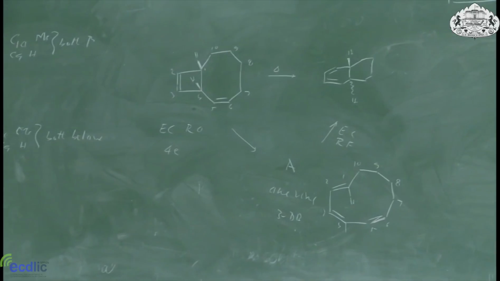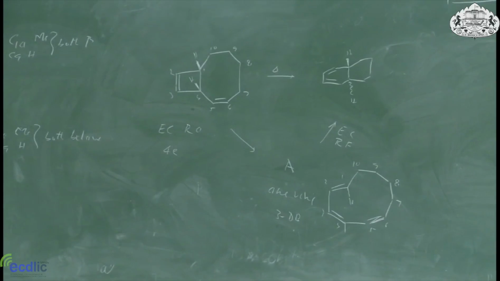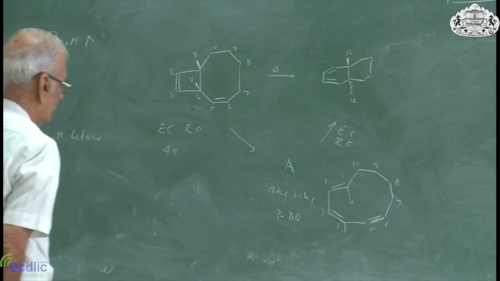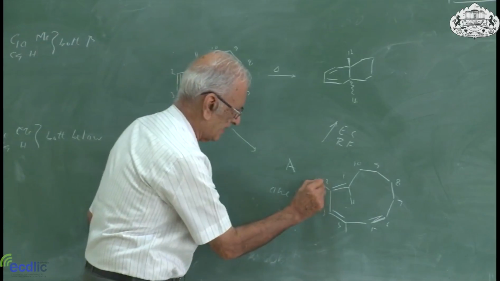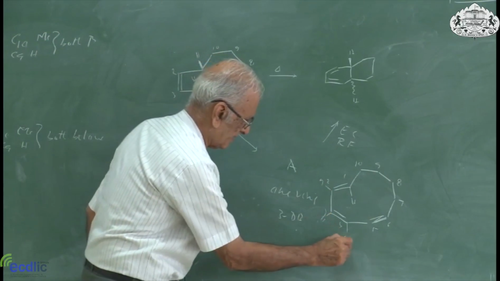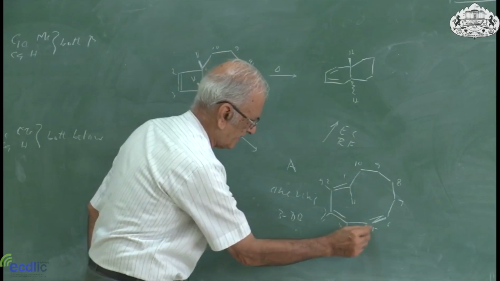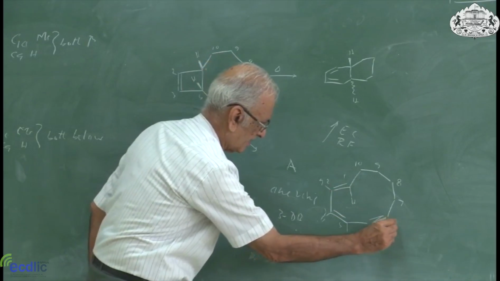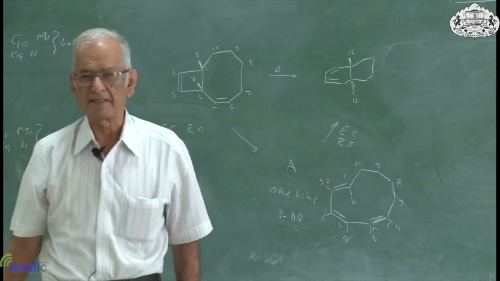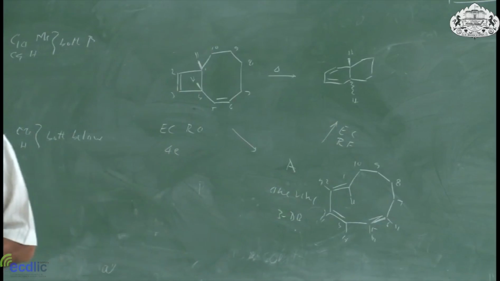So, that is going to be your 1, 3, 5 cyclodecatriene. And what do we see? This is cis, sorry, this is trans, this is cis, this is cis. Okay.